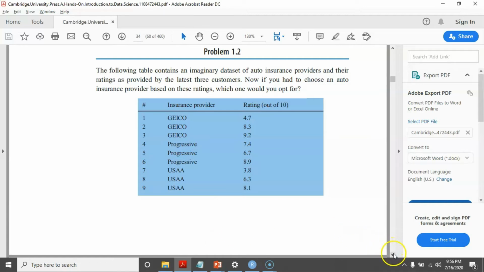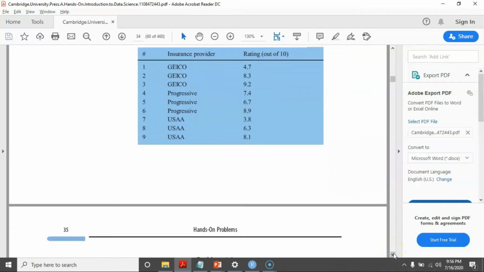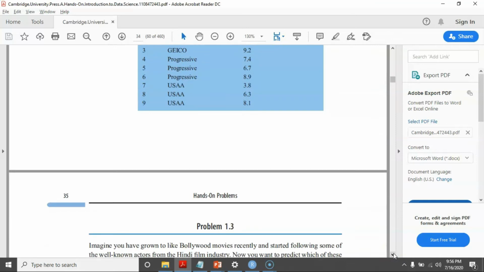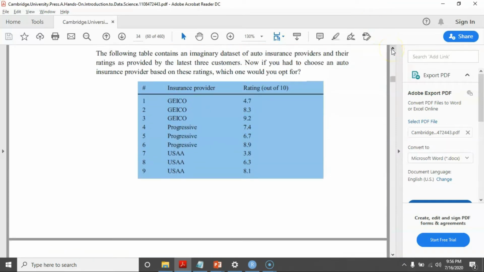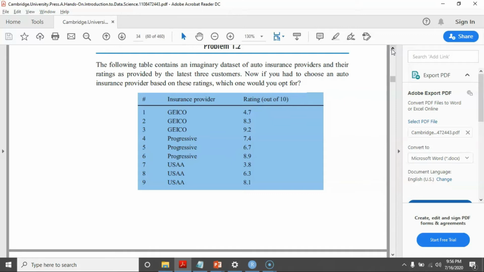So this is the data set given here. Just 9 instances of data, insurance provider and rating. I guess this data set is not available right away in R as a built-in data set. So how can we feed this data into our environment so that we can perform some basic summary analysis?